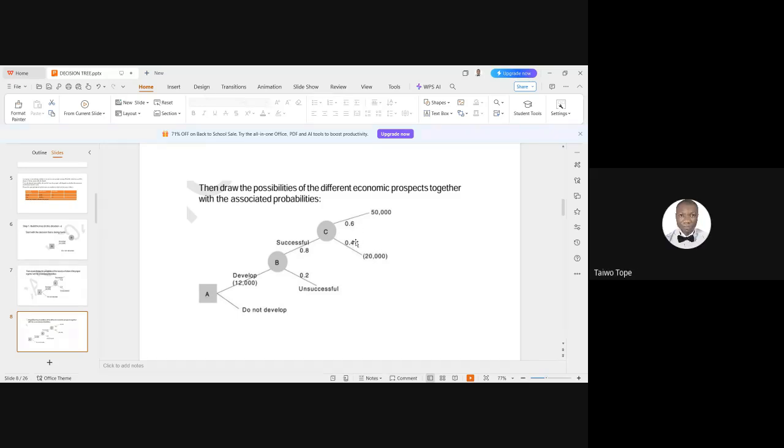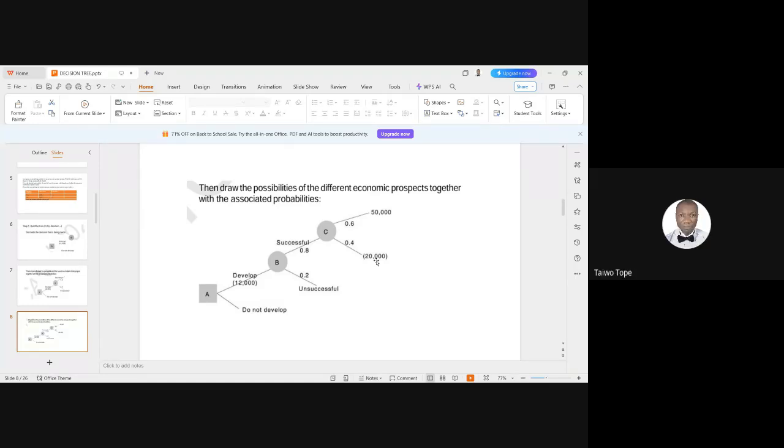And with poor is what? 0.4. And when it is good, the profit will be what? 50,000. And when it is poor, the loss will be what? 20,000.